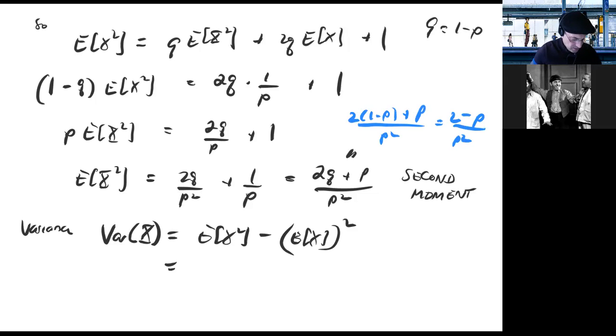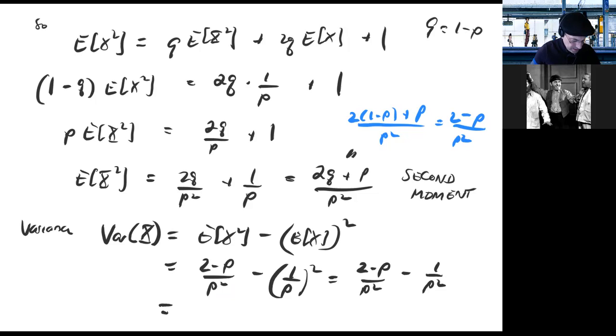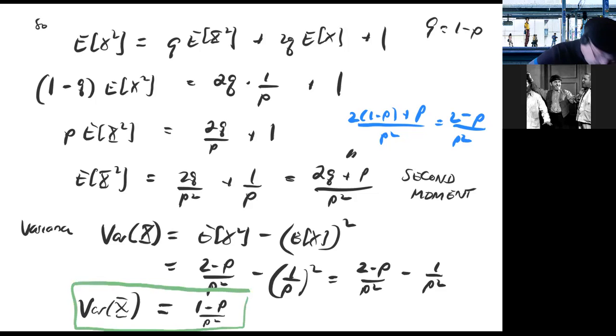The expected value of X squared is 2 minus p over p squared minus the quantity E of X, quantity squared, so that's 1 over p squared. So we get 2 minus p over p squared minus 1 over p squared. And at the end of the day, the variance of X is going to be given by 1 minus p over p squared. So that is the final answer, the variance of the geometric random variable.